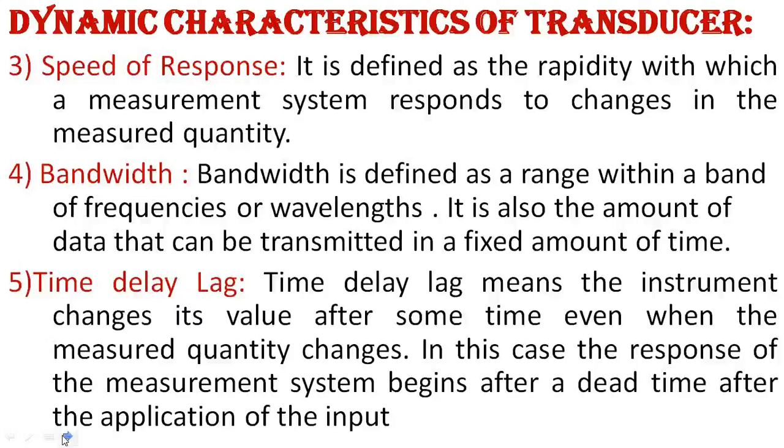The next parameter is bandwidth. Bandwidth is defined as the range within a band of frequency or wavelength. It is also the amount of data that can be transmitted in a fixed amount of time. It means how much your transducer can perform its operation within a span or range, which is known as the band.